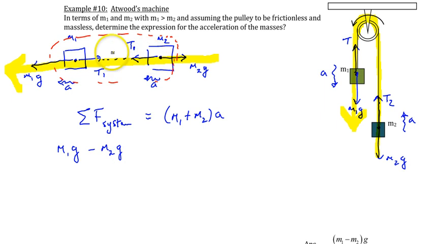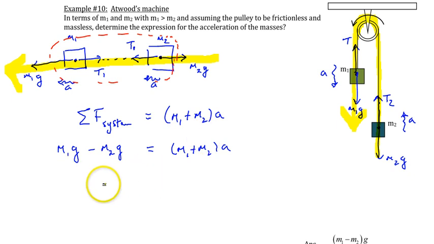Now you might ask, what about tensions? Well, tensions are inside of my dotted system, so they're actually called internal forces, so they in fact would cancel each other out. And so this would be equal to M1 plus M2 times A. So look at this. It's really the difference between the two weights that causes this net force, and that will result in an acceleration times the total mass.